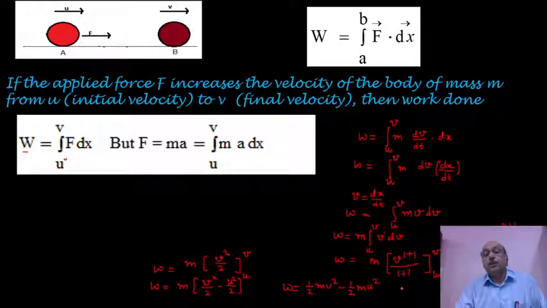What is half m v squared? It is the final kinetic energy minus the initial kinetic energy. So work done is equal to change in kinetic energy. This is the first part of the work energy theorem.